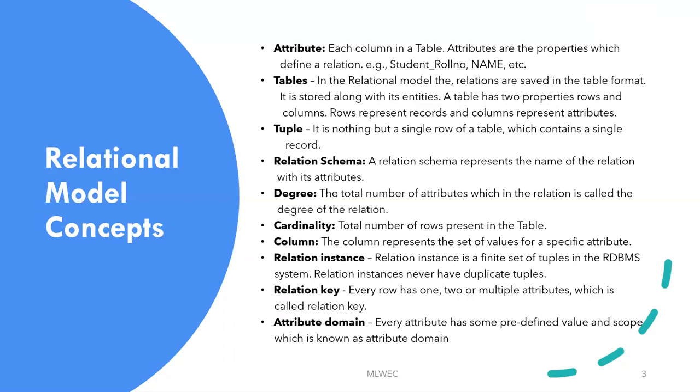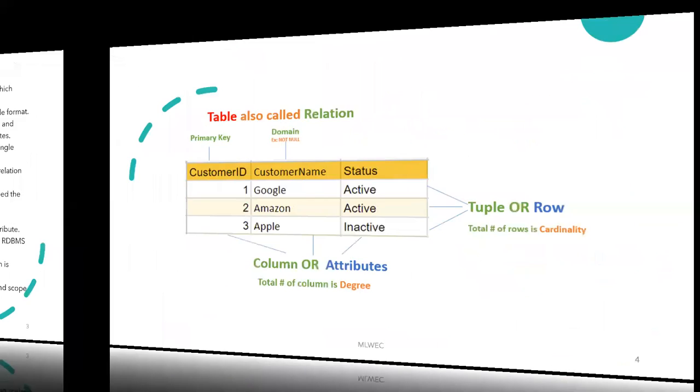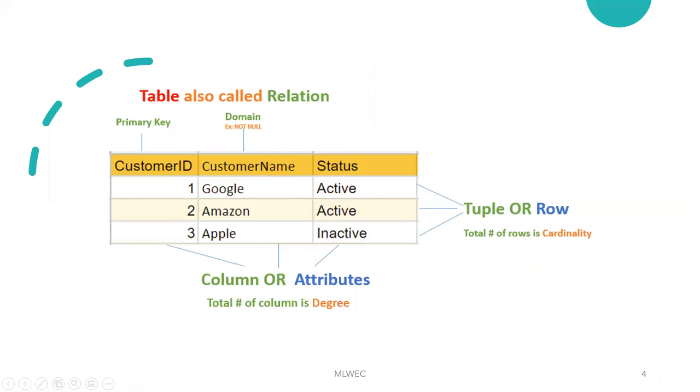In the relational model, relations are saved in table format, as we discussed with the small example in the last slide. A table has two properties: rows and columns. Rows represent records and columns represent attributes. Now the tuple, which is very important. From this picture you can see a complete row of data with values is called a tuple.